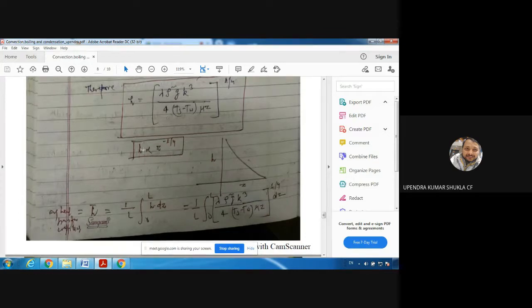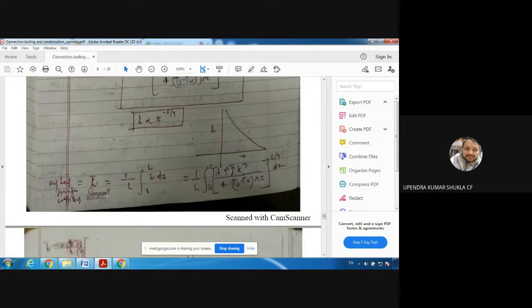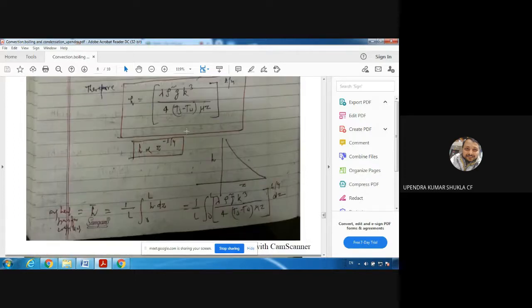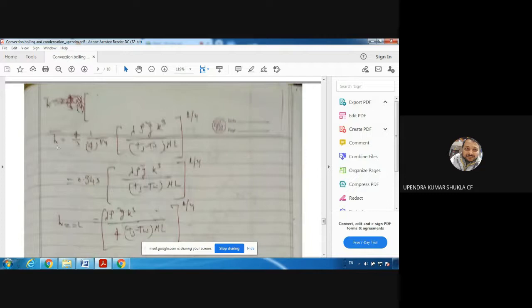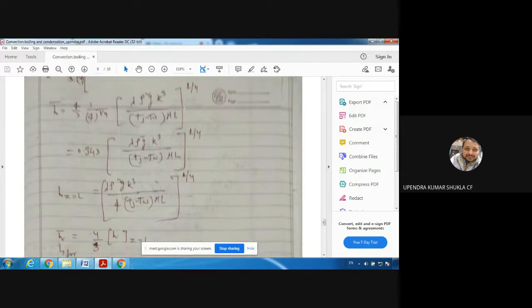If you plot the curve between h and z, you will get this type of curve, because h is decreasing as you increase z. The average heat transfer coefficient is (1/L) integral of h dz from 0 to L. I have defined how to get the value of h, so you integrate this equation from 0 to L. Once you integrate it, you will get h bar is equal to 4/3 times [lambda rho square g k cube divided by (Ts - Tw) mu z] whole power 1 by 4, and this is equal to 0.943 times [lambda rho square g k cube divided by (Ts - Tw) mu L] whole power 1 by 4.